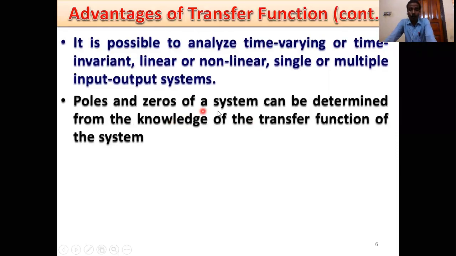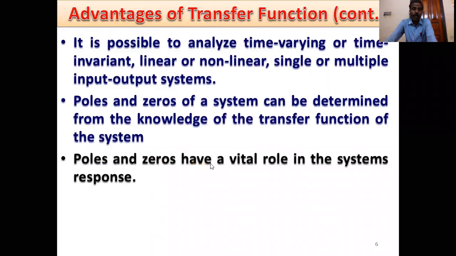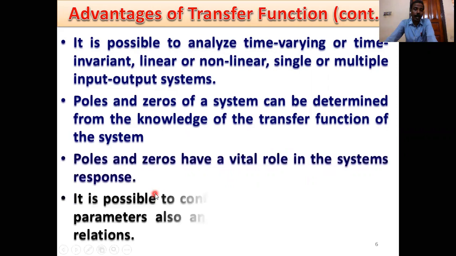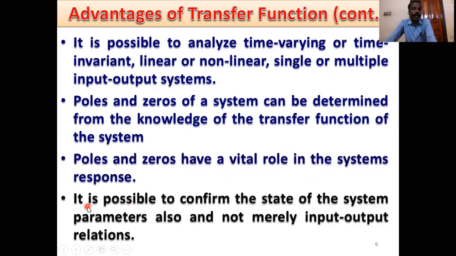Poles and zeros of a system can be determined from the knowledge of the transfer function of the system. Poles and zeros have a vital role in the system's response. Another advantage, it is possible to confirm the state of the system parameters also, and not merely input-output relations.